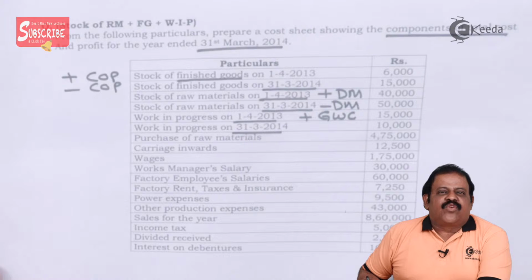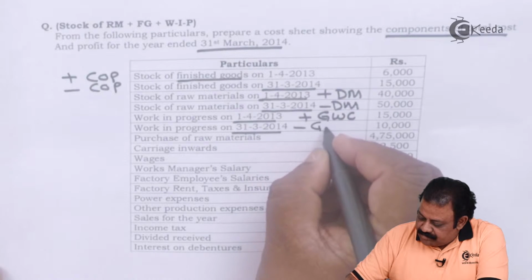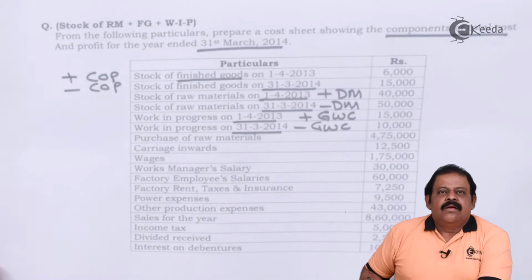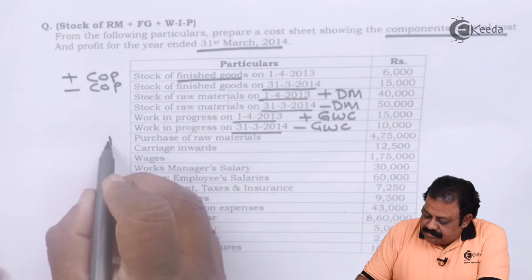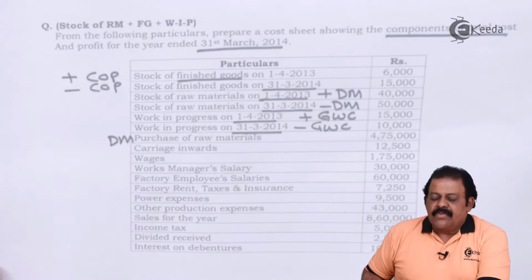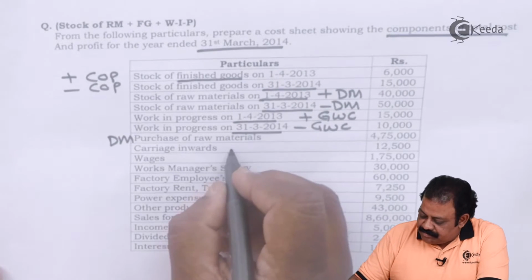This will be deducted from gross works cost so that we can find out net works cost. Purchase of raw material. It will be part of direct material consumed. Carriage inwards. This is carriage on purchase of material, so this will become part of direct material consumed.